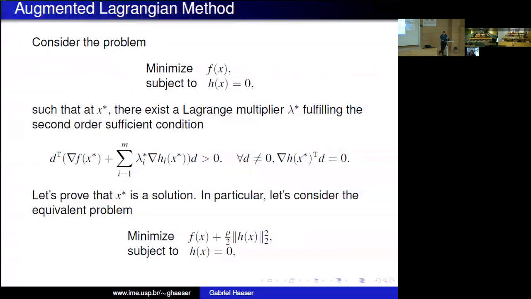But note that the behavior of an algorithm when applied to this problem should be different. Because at least if you use a method such as the external penalty method that walks through infeasible points, the objective functions will be different and the sequences generated are not the same. Okay, but let's consider this problem.